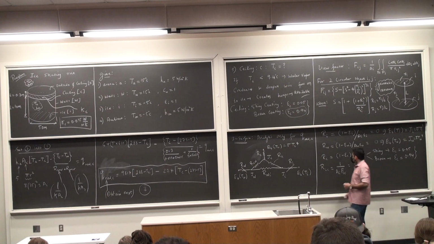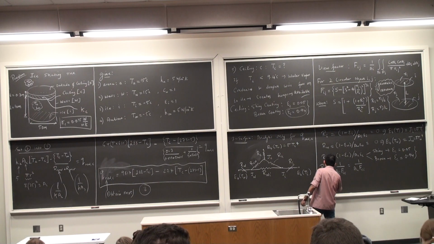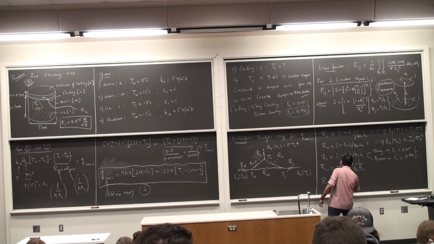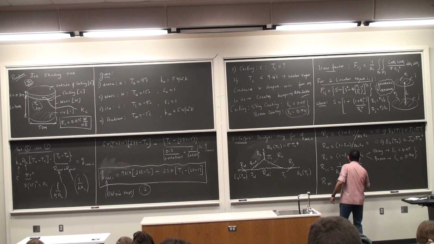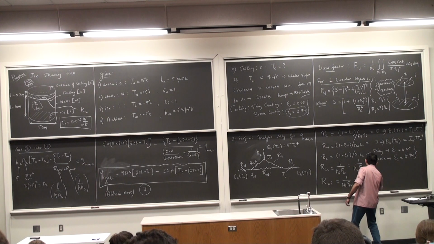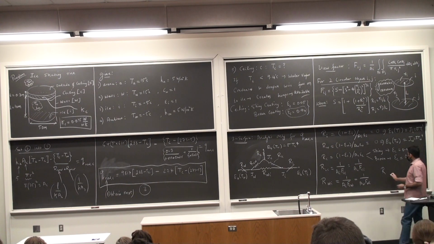Likewise, I have Riw and Rcw, or Rwi is 1 by Ai Fiw, or 1 by Aw Fwi, and the last one, Rcw.